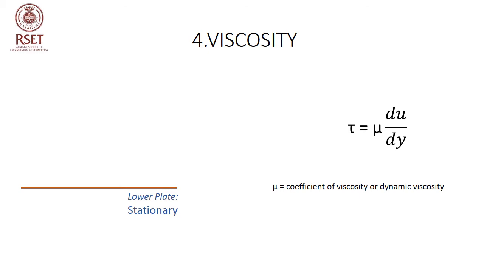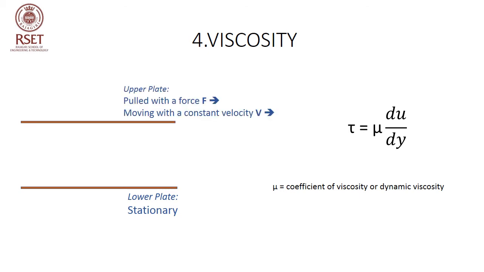In Newton's experiment, he had taken a lower plate which is stationary, and an upper plate which is moving with a velocity v. When it moves, the velocity of fluid adjacent to the lower plate is 0, and the velocity of fluid adjacent to the top plate is v. Let the distance between the plates be L. As I already explained, a fluid particle adjacent to the lower plate will have the same velocity as that of the plate.